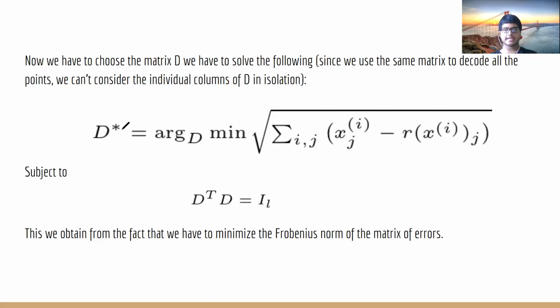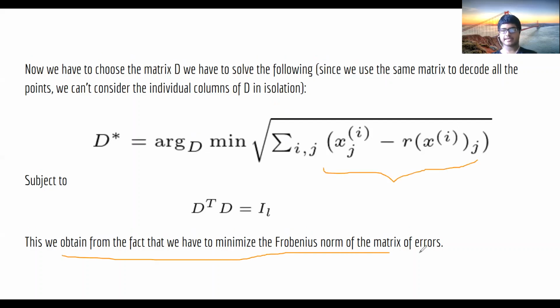So let D be that matrix which I require. D star equals argmin over D of this stuff. And how do I obtain this? This is obtained due to the fact that we have to minimize the Frobenius norm of the matrix of errors. Now let us consider the matrix of errors. What are the errors? After reconstruction, what we get is this, which is after PCA reconstruction, and this is the original data that we have been given.